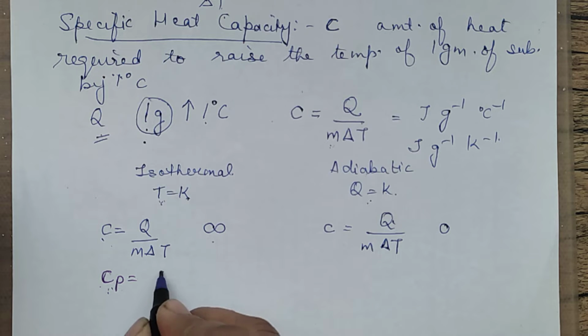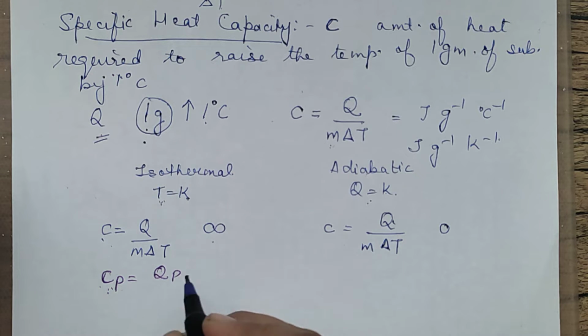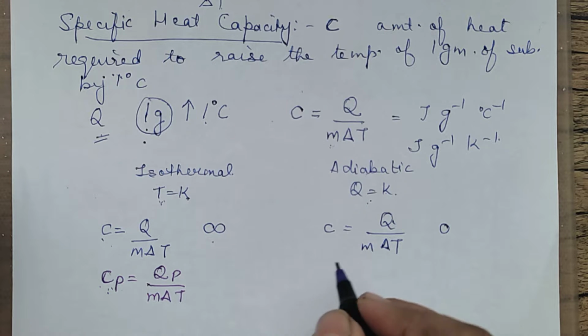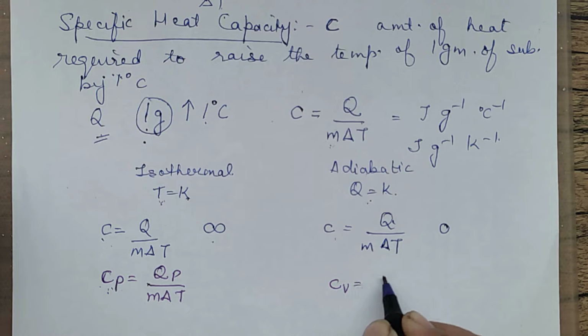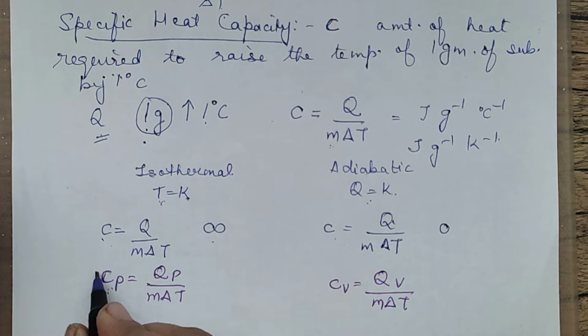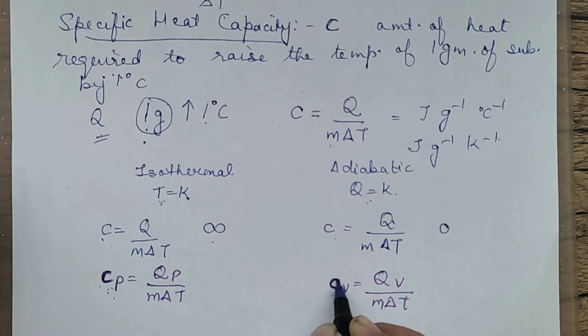So Cp is Qp by M delta T. Likewise, if it is at constant volume, we will write Cv is equal to heat absorbed at constant volume by M delta T. So this is specific heat capacity at constant pressure, and this is specific heat capacity at constant volume. This is small letter c, not the capital C. We will talk about that after this.